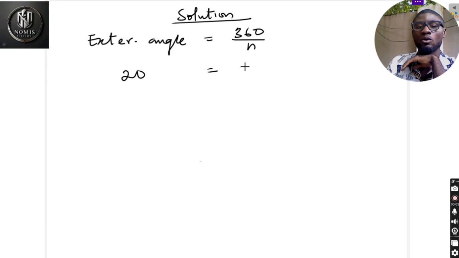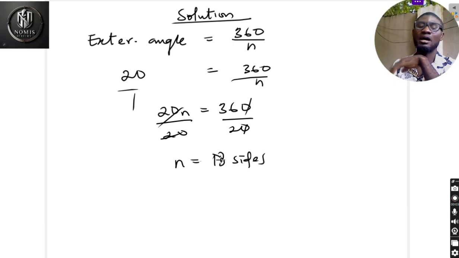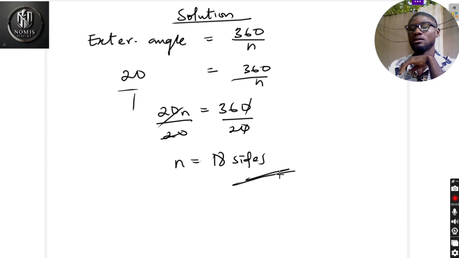When we cross multiply, we have 20n equals 360. We divide both sides by 20. This cancels this. n is equal to 36 divided by 2, which is 18. So the polygon has 18 sides, and that's the final answer.